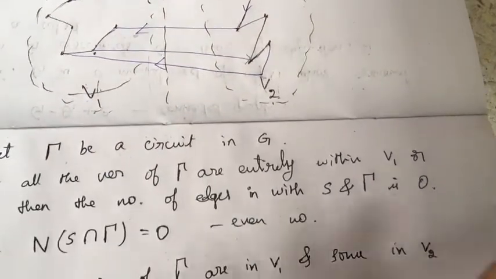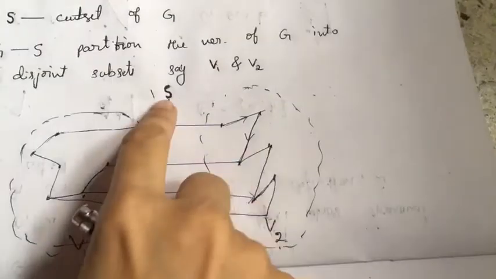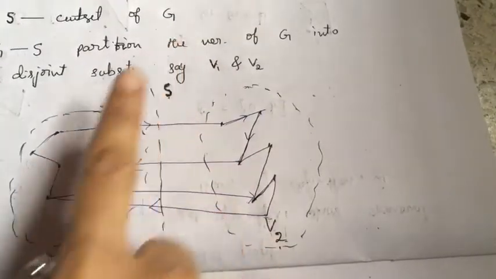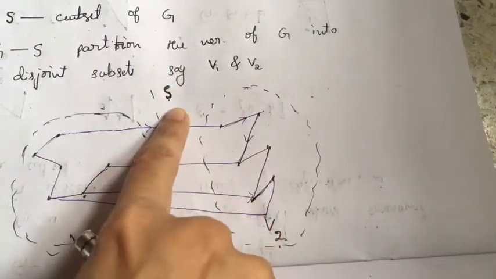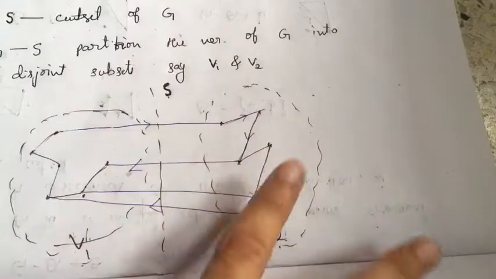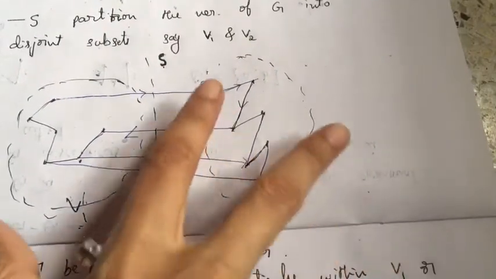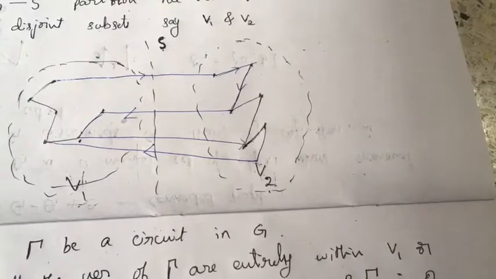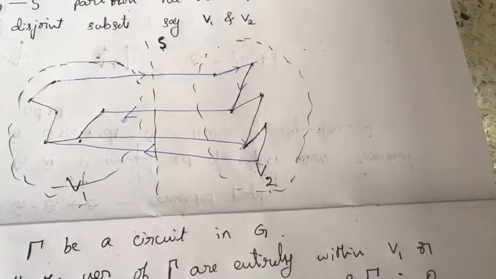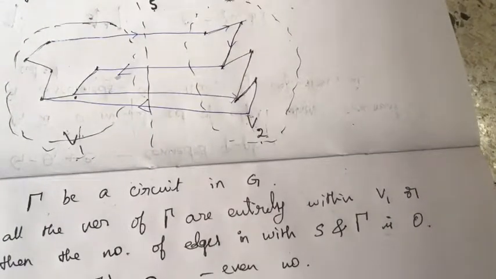And we know that every edge in S has one end vertex in V1 and the other in V2, since S is a cut set. So no other edge in G has this property. Therefore, the number of edges in common with the cut set and a cycle is even.